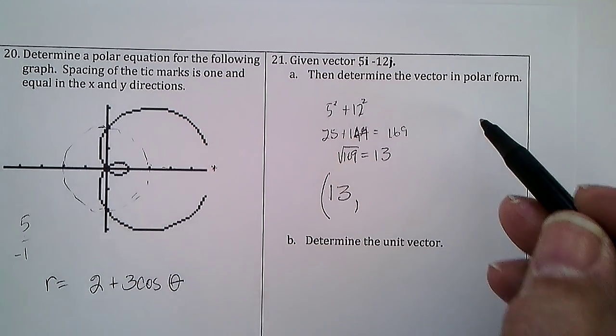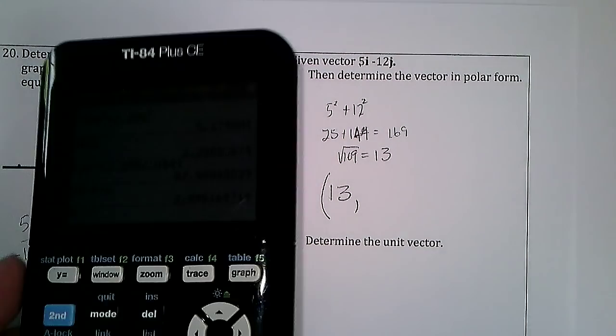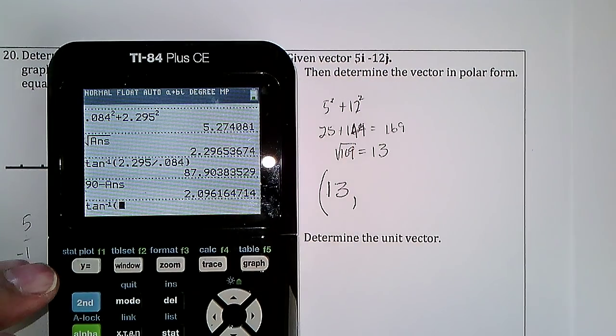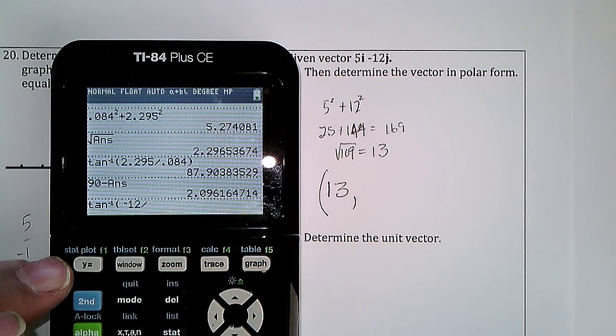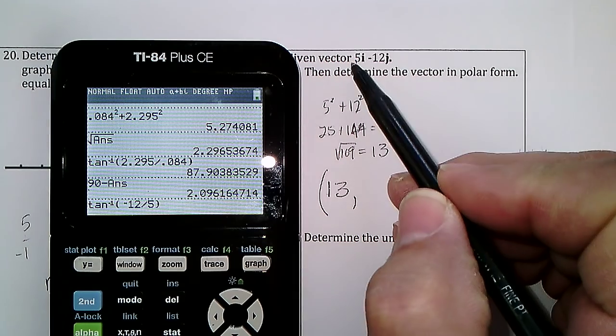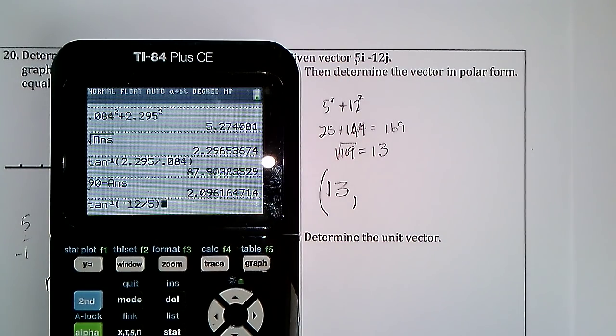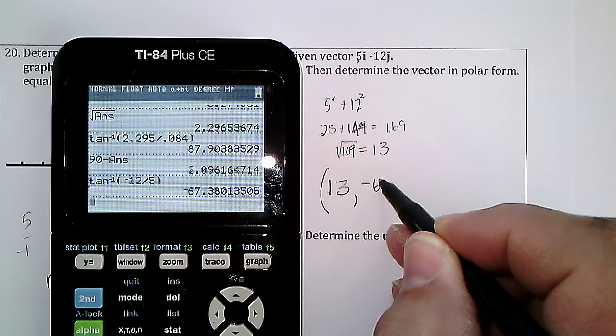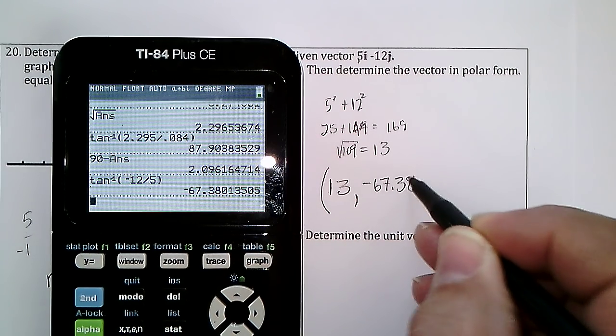So it's going to do the tangent inverse of -12 divided by 5. And the x is positive, so we don't have to add 180. And it's at negative 67.38 degrees.